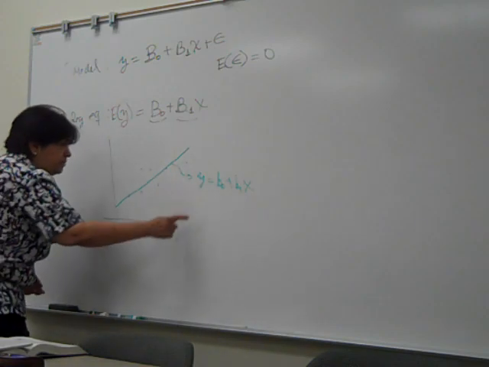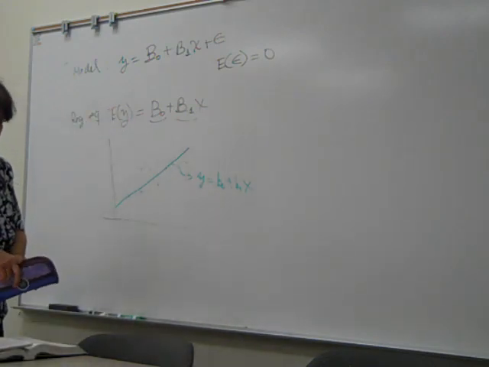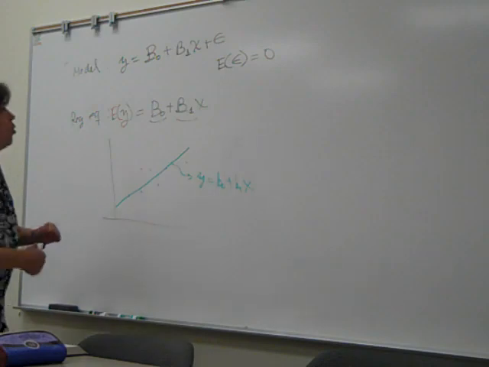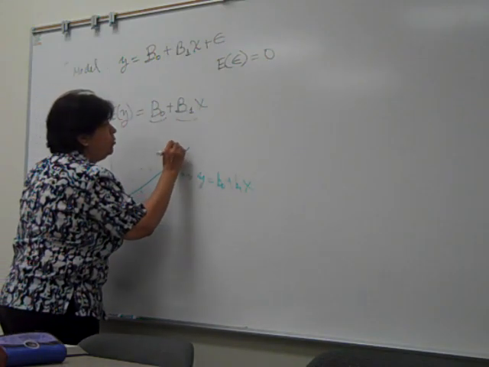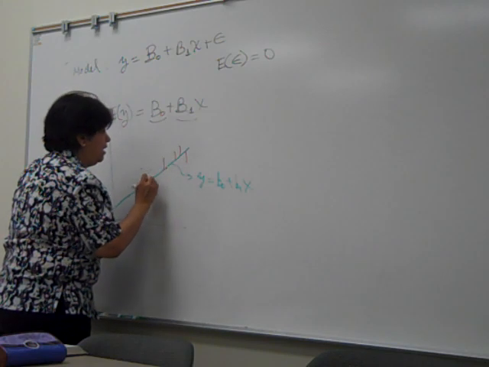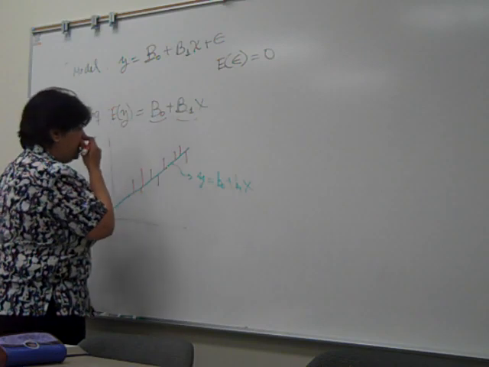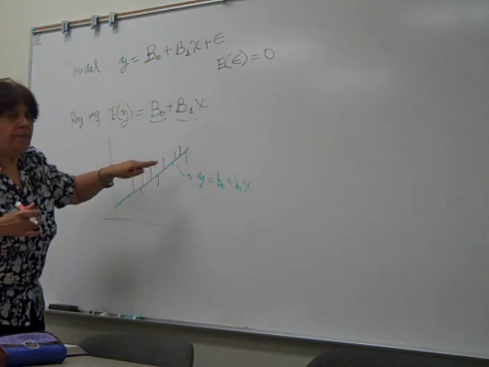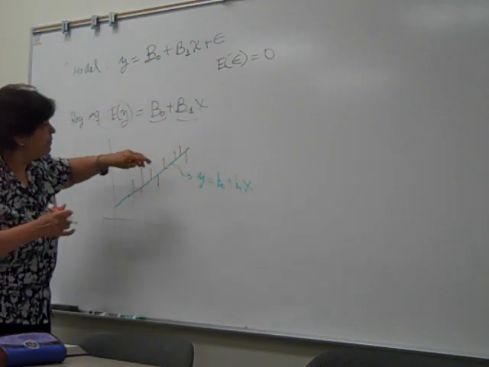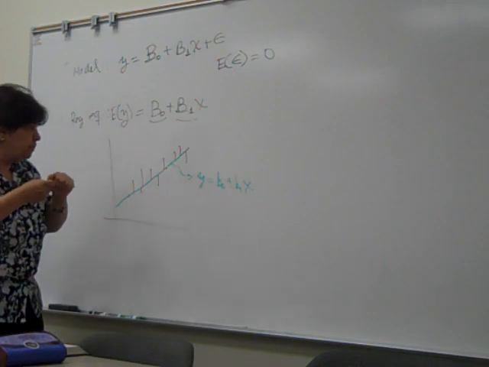And we are going to estimate these parameters using what is called the least squares method. The least squares method is finding the equation that minimizes the distance between each of the points and the estimated regression equation.